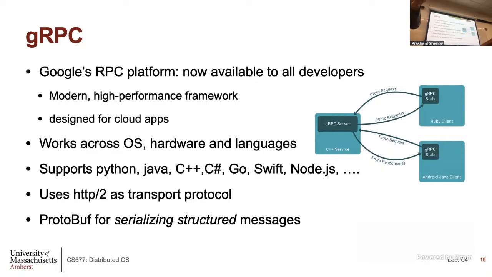You send an integer, maybe a Java process sent it, and a Python process has to reconstruct it. So you have to have a hardware and language independent way to pass data back and forth. In the gRPC world that is called a protocol buffer, which allows you to construct these data structures and pass them around without having to worry about what the hardware is or what language is going to interpret it. Think of it as the XDR type format in the gRPC world that's also language independent.